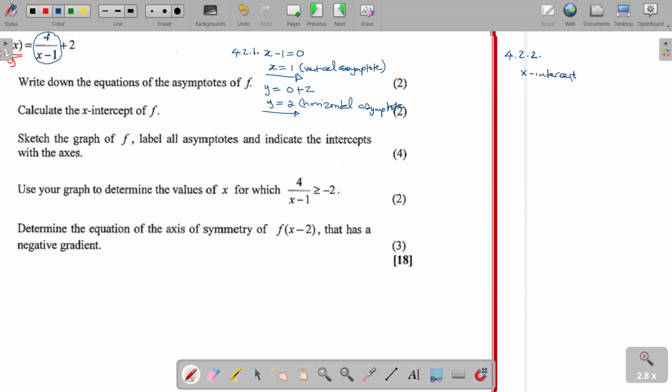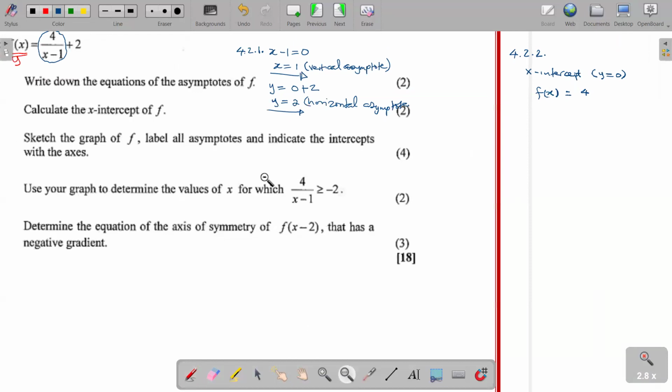But to get the x-intercept, we have to know that we substitute y equal to 0. If you check, our function is given as 4 divided by x minus 1 plus 2. So this part here is the one which is representing our y. So we let that to be 0.